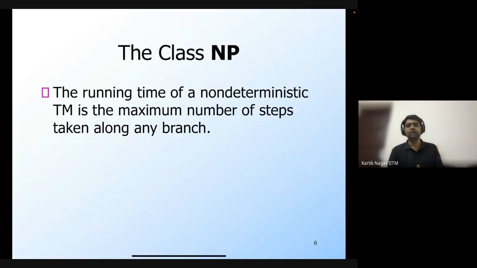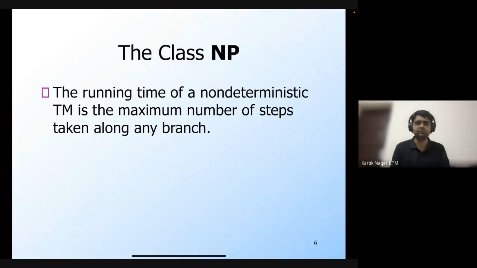But irrespective of any choice that the Turing machine makes during its steps, the maximum number of steps taken along any branch would be the running time of this non-deterministic TM.